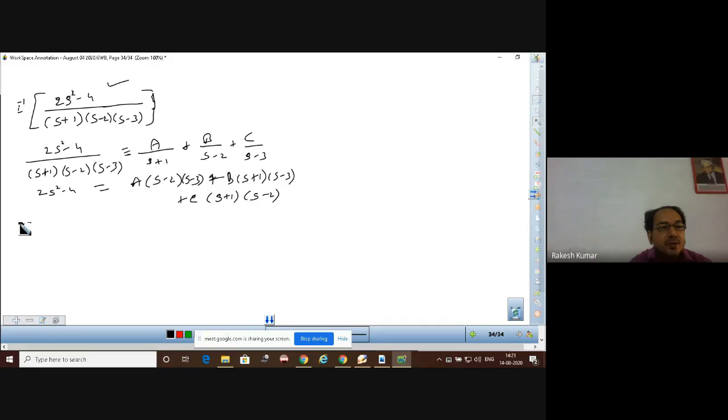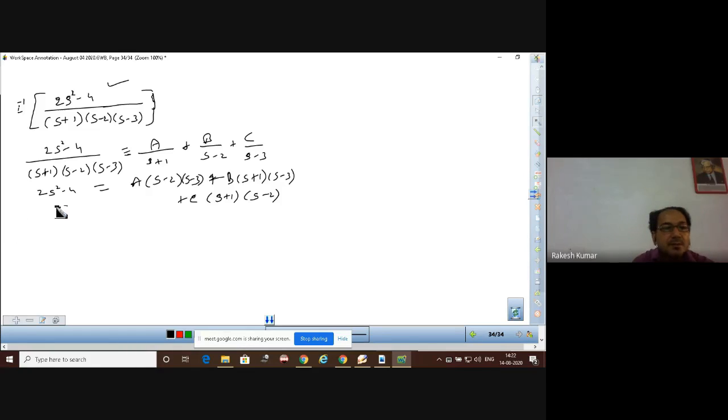Now you can equate the coefficients on both sides. The highest coefficient is of s square. You can also find the values of the constants by substituting values on both sides. This is another method, so we can use that method also.